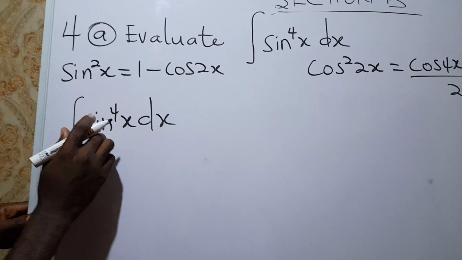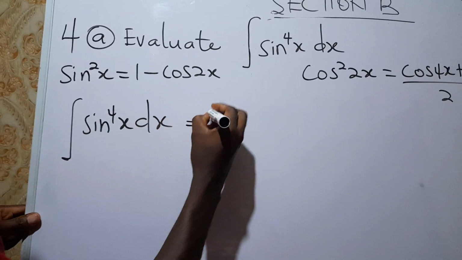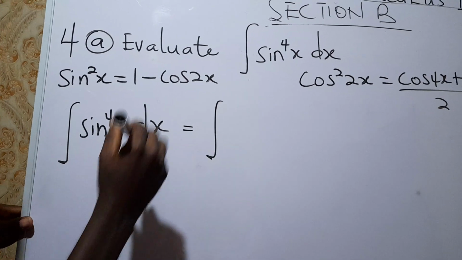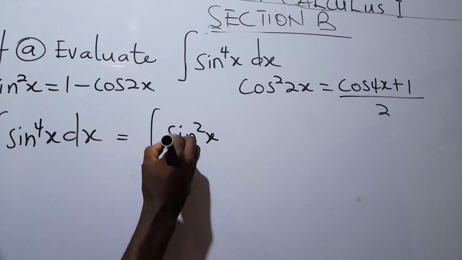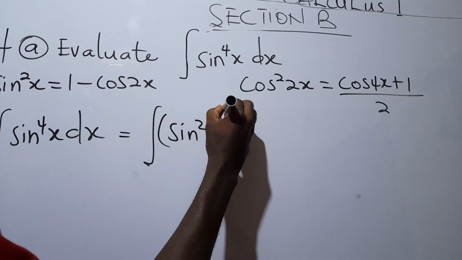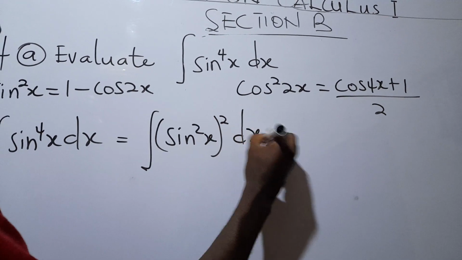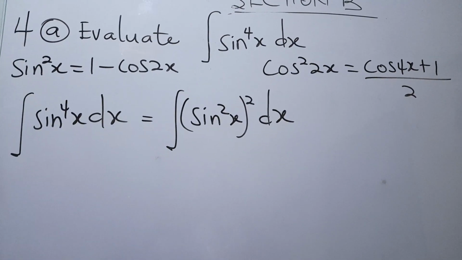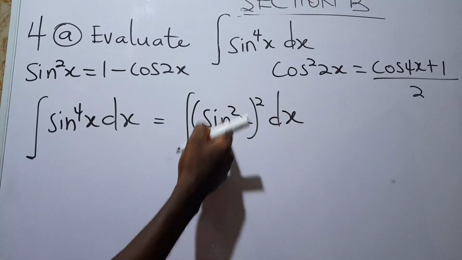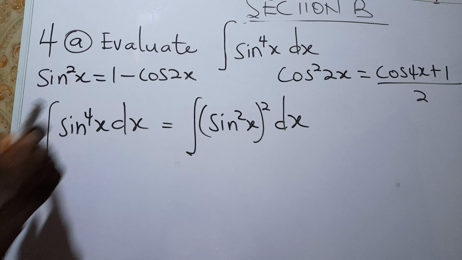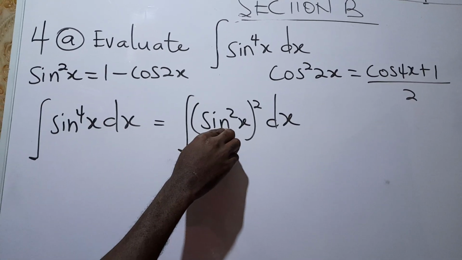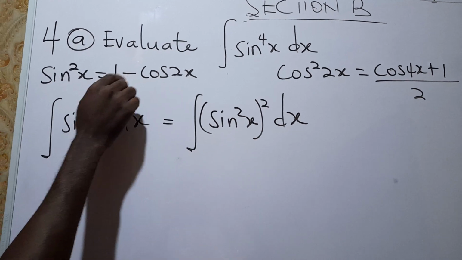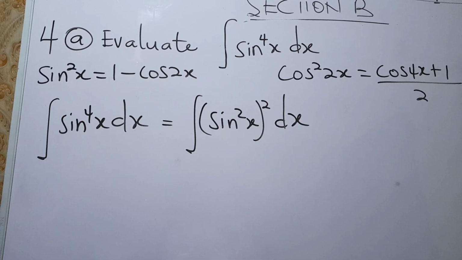So the integral of sine exponent 4 x dx can be rewritten as the integral of sine square x all square dx, using indices. Multiply this again, we'll get sine exponent 4 dx. Now we know sine square x is equal to 1 minus cos 2x over 2, so we substitute.